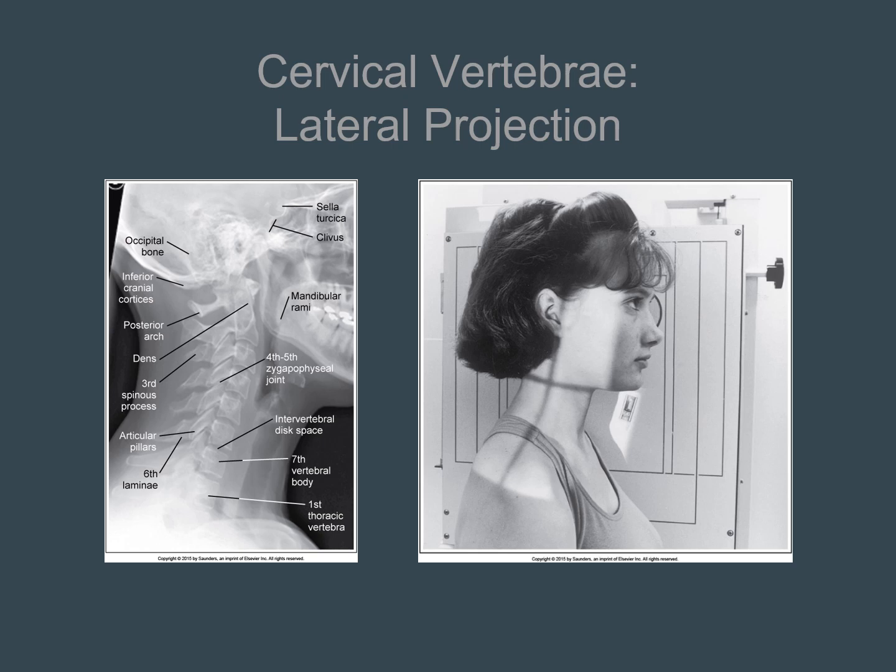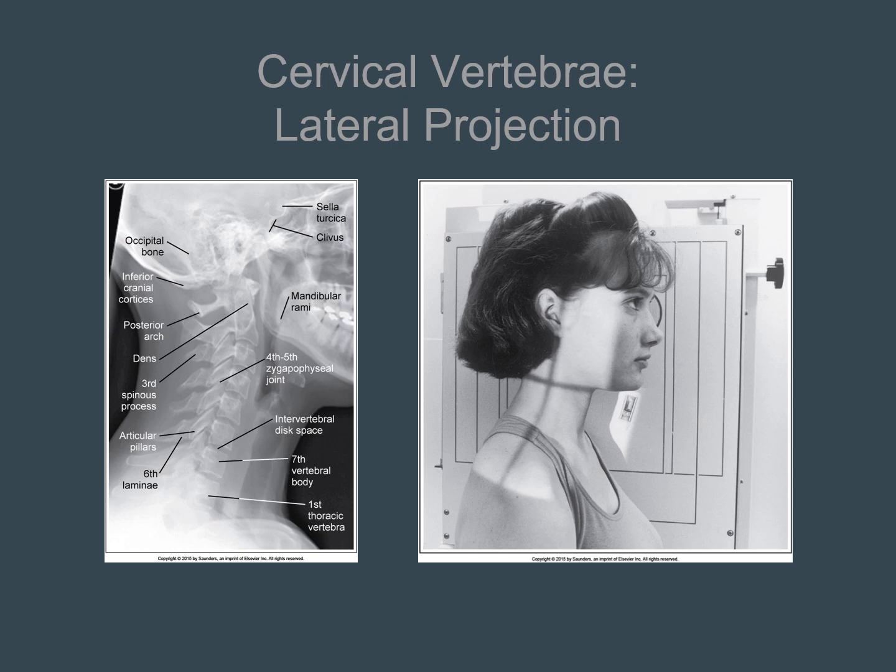The mandibular rami are to be superimposed. The spinous processes are demonstrated in profile. The superior and inferior aspects of the right and left articular pillars and zygapophyseal joints of each cervical vertebra are superimposed. The intervertebral disc spaces are demonstrated as opened.